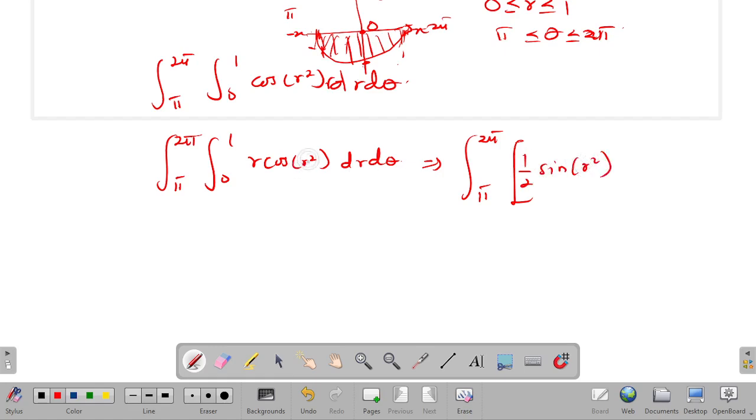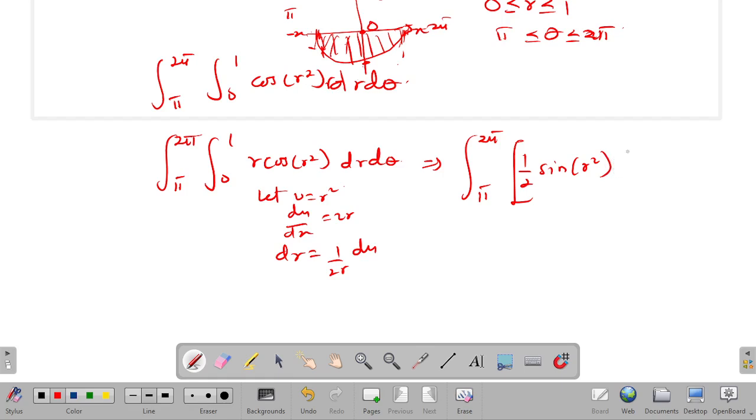The substitution is: let u equal r squared, so du over dr equals 2r. When you make dr the subject, dr equals du over 2r. When you place it, it cancels the r. Then the integral of cosine becomes sine. As simple as that.